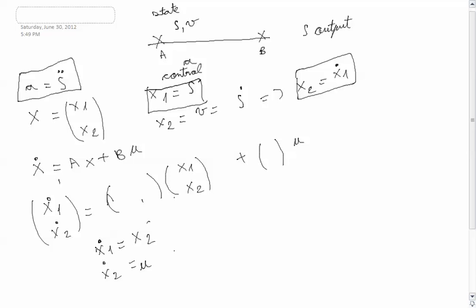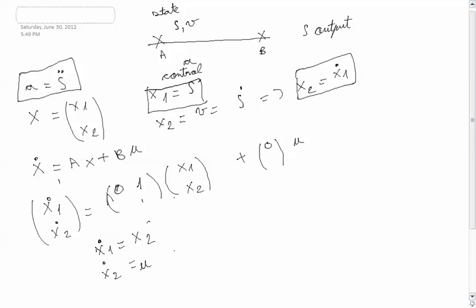So now we are good, because x1 derived equals x2. It means that here I have 0 multiplied by x1 plus 1 multiplied by x2 plus, is there any u here? No. So I put a 0 here.